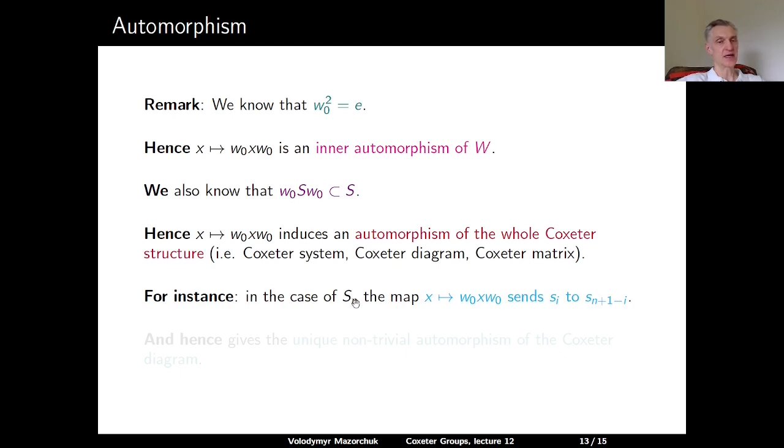For instance, in the case of Sn, this map sends si to the simple reflection s(n-i). So s1 goes to s(n-1), s2 goes to s(n-2), and so on. And this corresponds to the unique non-trivial automorphism of the Coxeter diagram. Our Coxeter diagram is a segment. We can reverse the segment.